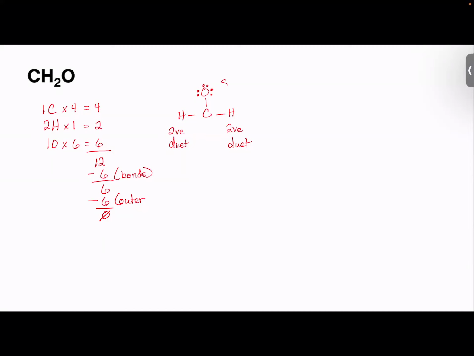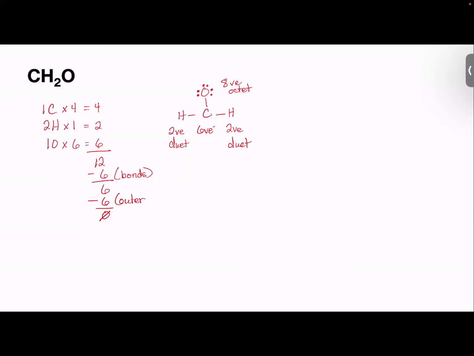So it has 8 valence electrons, so it does have its octet. But your carbon atom currently only has 6 valence electrons, 2 within each bond. So carbon is not content.